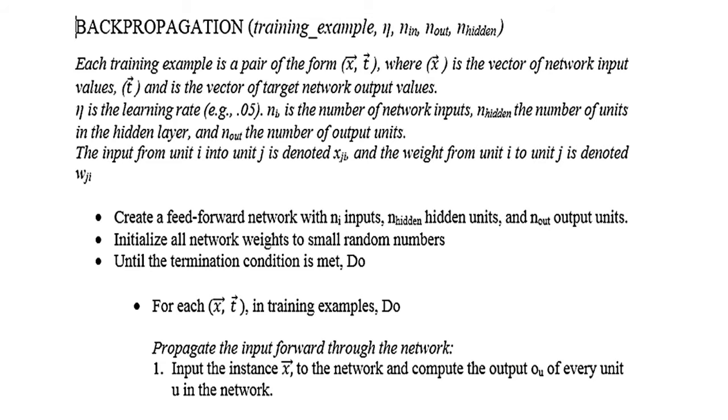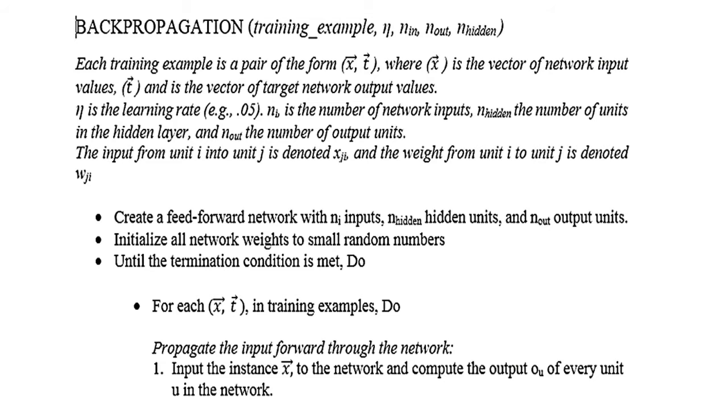Eta is the learning rate, for example, 0.05. Ni is the number of network inputs. N hidden is the number of units in the hidden layer and N out the number of output units.